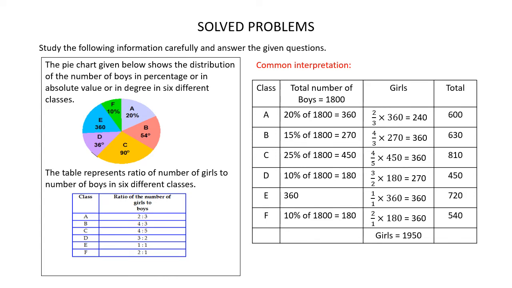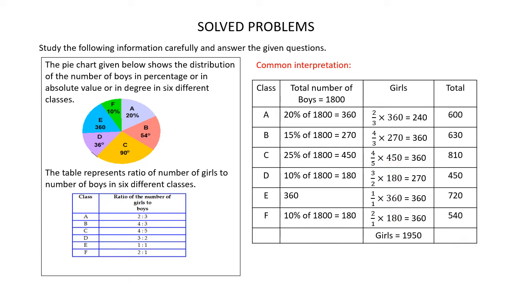We know that there are 270 boys in class B. So the number of girls in class B will be 4 divided by 3 multiplied by 270, which is 360. Similarly, let's find the number of girls for the other classes.